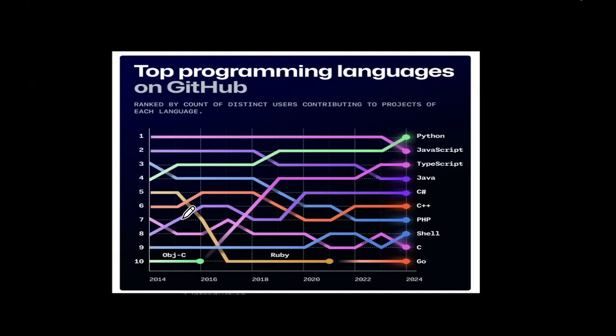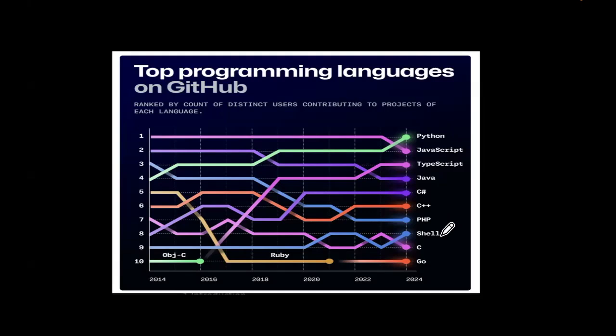We can see the history of roughly the top 10 languages on GitHub over the years, going way back to 2014. You can see that TypeScript has risen to position number 3, which is pretty impressive because all of the languages mentioned here are much older than TypeScript.